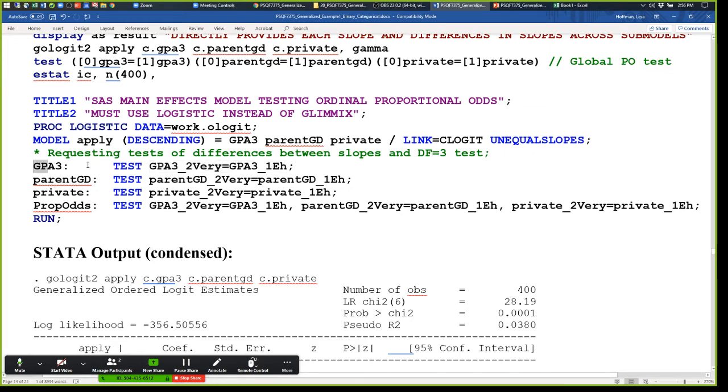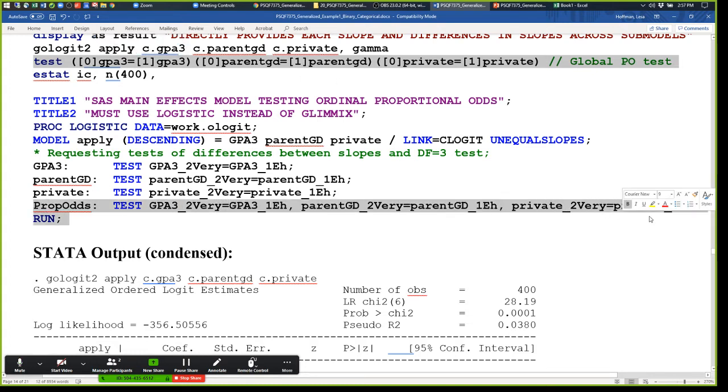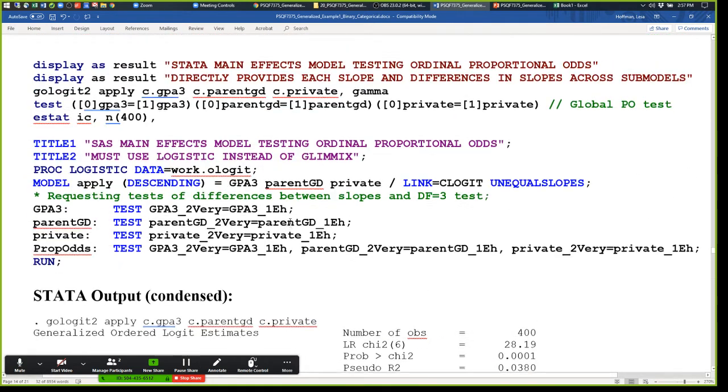So this is a test. These three tests are given by gamma. Gamma does that for you. The last one, this overall joint test of all the slopes, is the one that I did right here, where it lumps them all together. Okay.